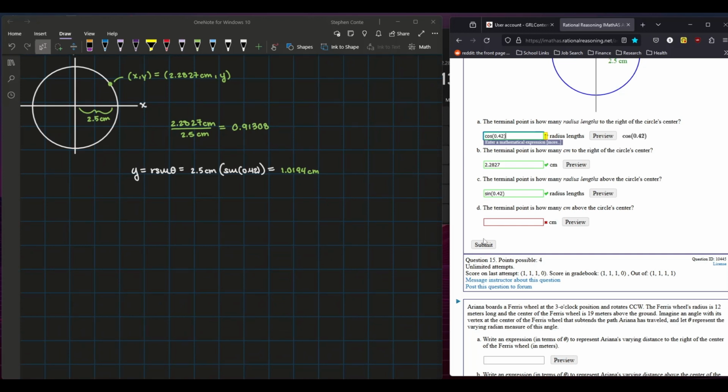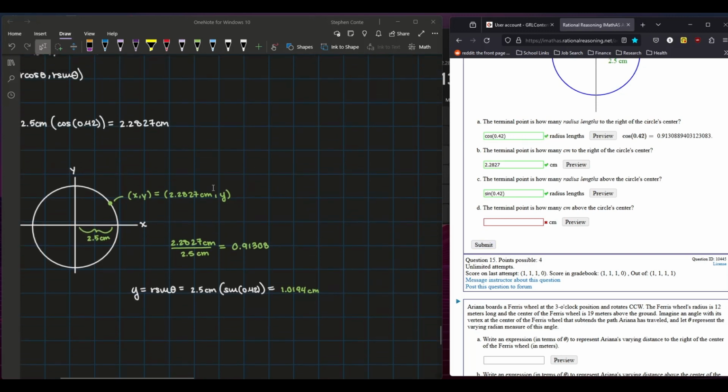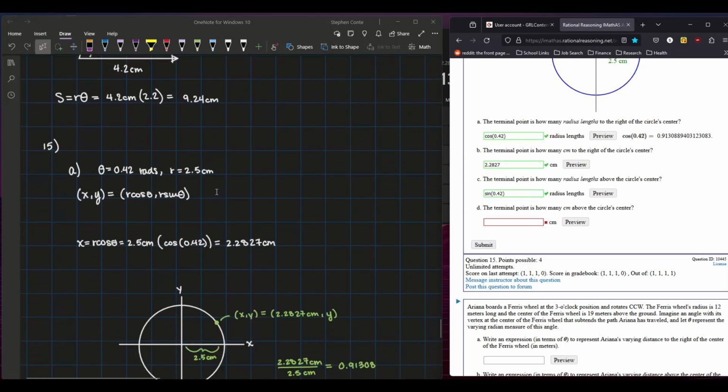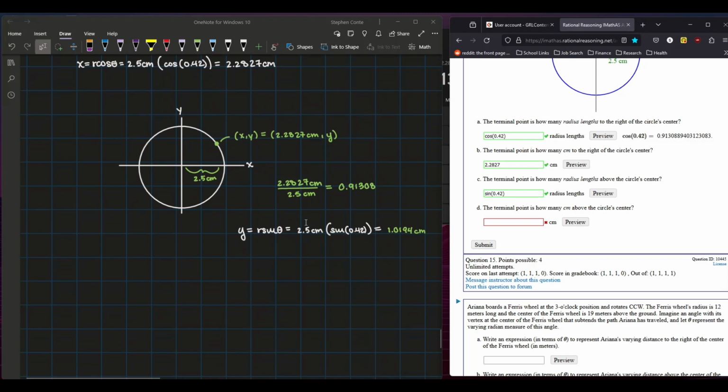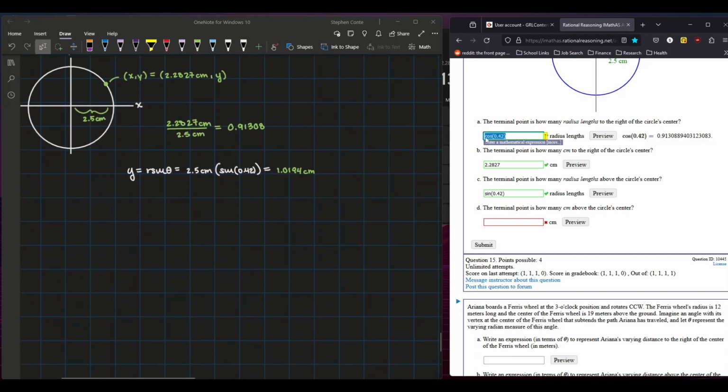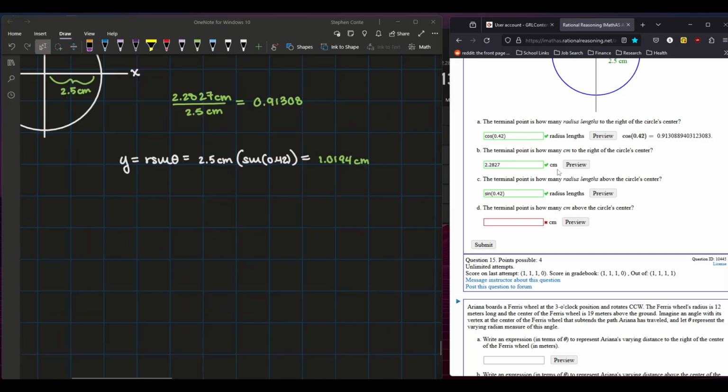Well, it's cosine of 0.42, because that doesn't take into account the radius. So we're doing an extra step by doing r cosine of theta, trying to find how many radius lengths larger it is. If I wanted to just plug in the cosine for radius lengths, that's fine. And if I then multiplied that cosine of 0.42 by the radius, that would give me the same answer. It's the same thing that we're doing.